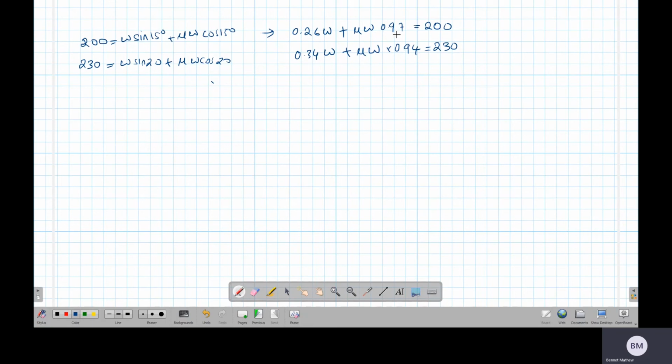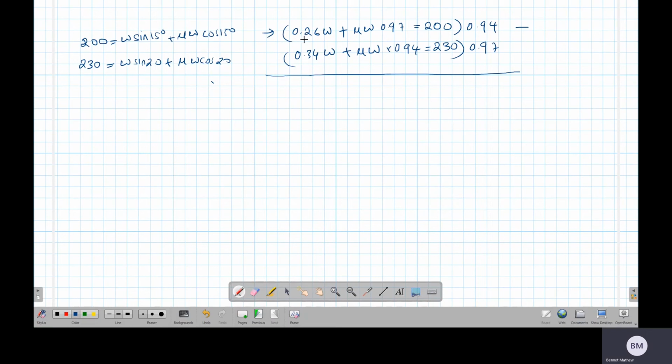Let's eliminate this term. So simply, you multiply this equation by 0.94 and you multiply this equation by 0.97. So 94 here, 97 here, and then subtract. Okay, so what do you get?